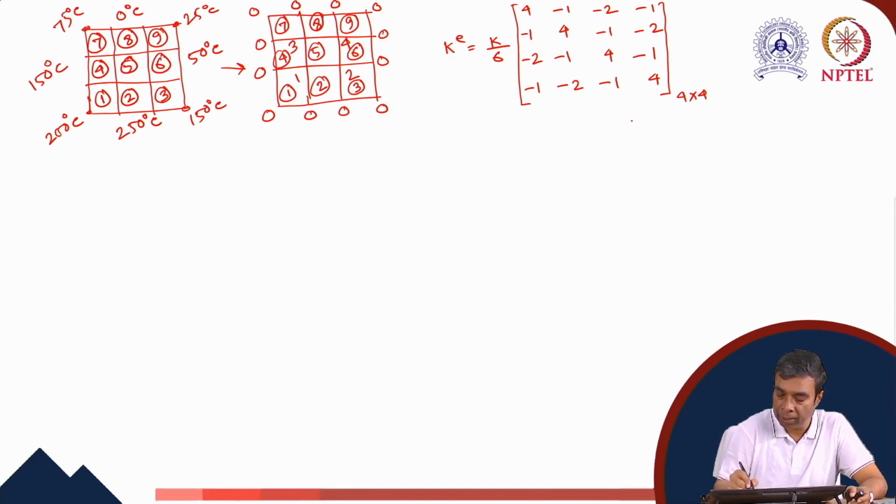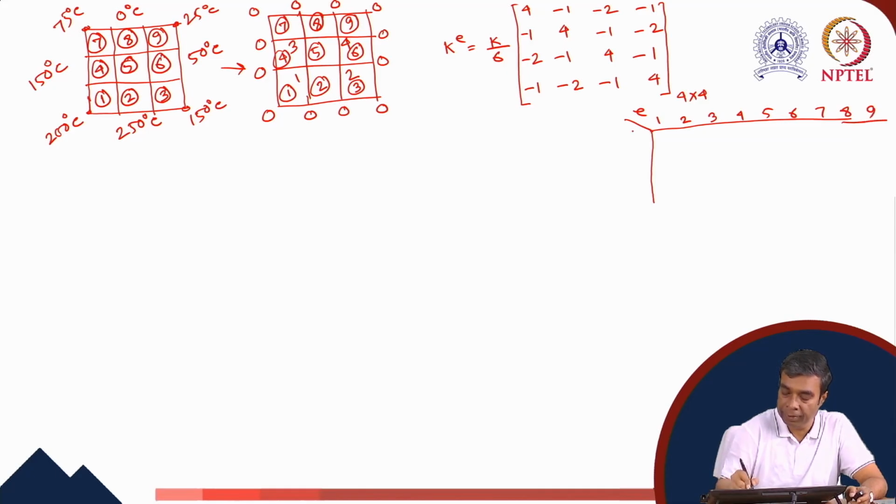Then our LM array was for E from 1 to 9, and A was varying from 1, 2, 3, 4. I was 1, 1, 1, 1, and NEE was 1, 2, 3, and 4.